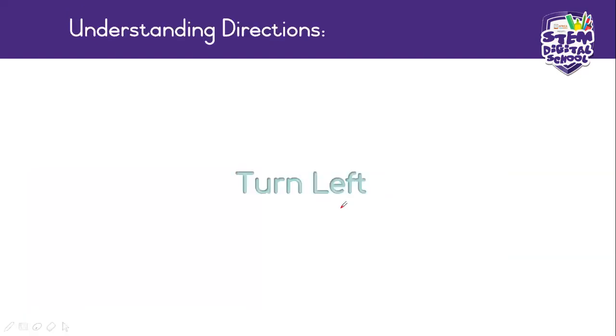So let's quickly look at our directions again. You guys remember that you can come from any direction when it comes to left and right. So we need to see where Laurel is facing before we can turn her to the right direction, because left and right is going to change.